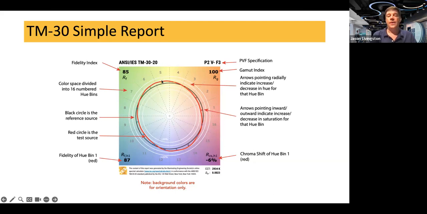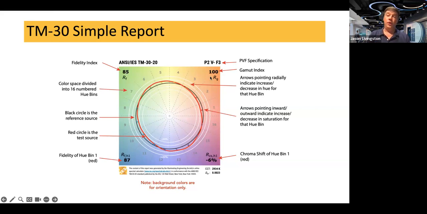Where these arrows go straight out and straight in, that is telling us that the chroma is being affected, but there's little or no hue shift. Where those arrows are perhaps going around the perimeter of the circle, so they're pointing left and right, not in and out, that is indicating that there is some hue shift happening to colors in that hue bin. And it's also telling us what direction the hues are being shifted.